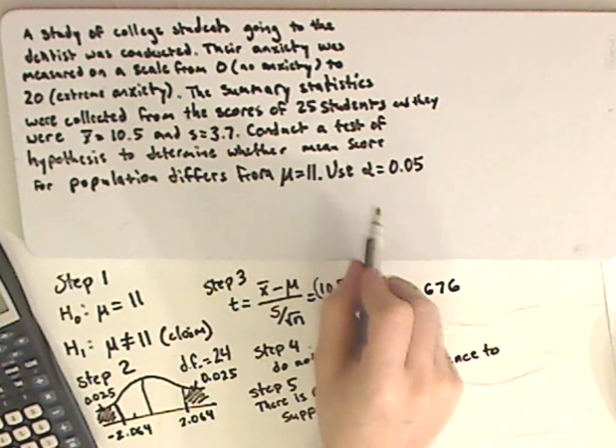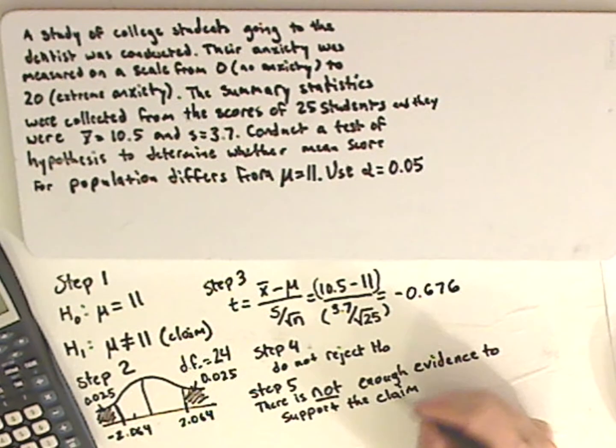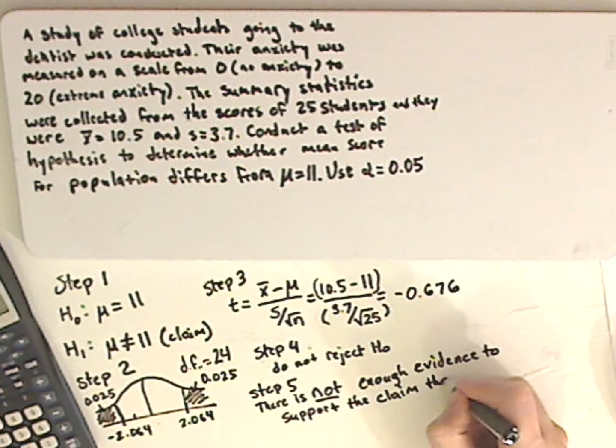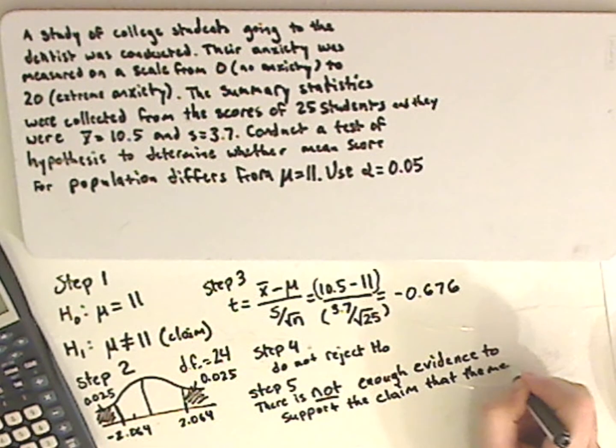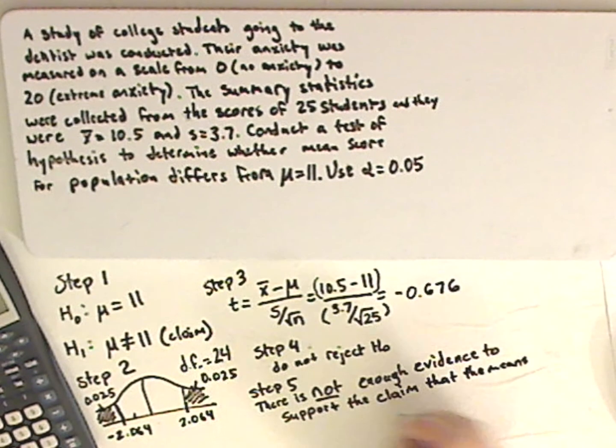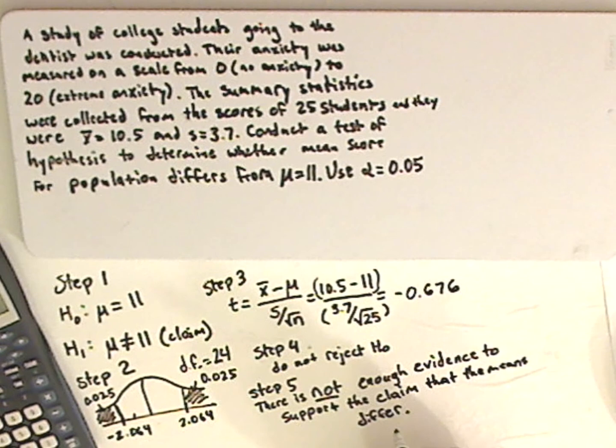Usually you would just restate it. I'm just going to say the claim that the means differ. Just going to shorten it. And that's it.